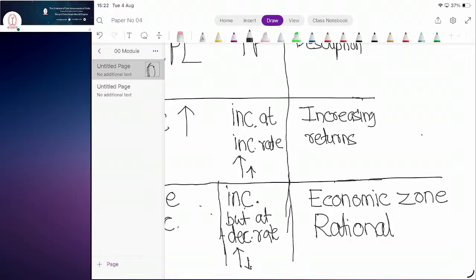It's the economic zone or the rational zone.